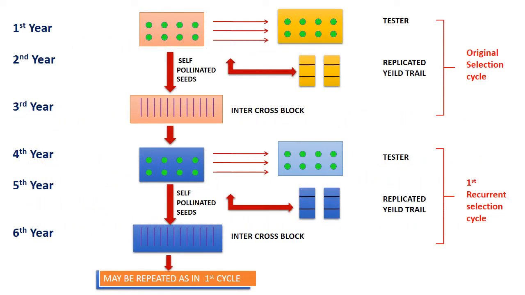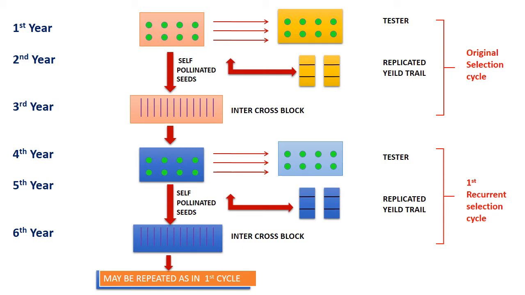This is the scheme of recurrent selection for GCA, where a block is taken and self-pollination is done in that particular block, and to the same plant population a common tester is taken and crossed. In the next step, a replicated yield trial of the crossed seeds is conducted in the second year, and self-pollinated seeds are forwarded to the third year.